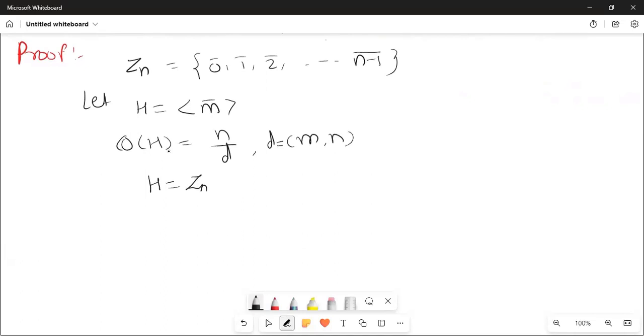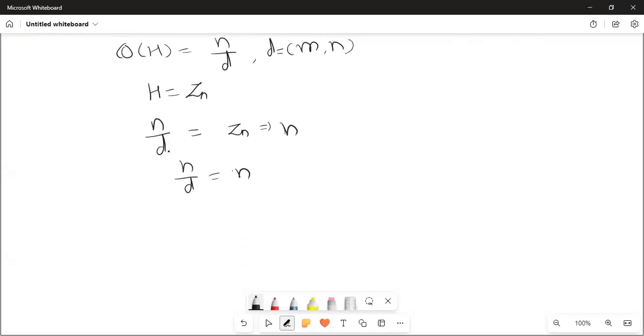Here also वैल्यूज हम पुट करेंगे. h की वैल्यू है n बाई डी और Zn की वैल्यू है 1, यानी कि n बाई डी विच इज इक्वल्स टू Zn इज इक्वल्स टू टोटल n आ जाएगा. तो यहाँ पे n also कैंसिल हो जाएंगे तो d की वैल्यू 1 आ जाएंगी इफ एंड ओनली इफ gcd of m, n इज इक्वल्स टू 1. सेम है अबो थ्योरम. फर्स्ट करोलरी और सेकंड करोलरी सेम है.